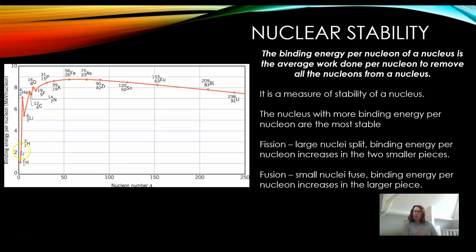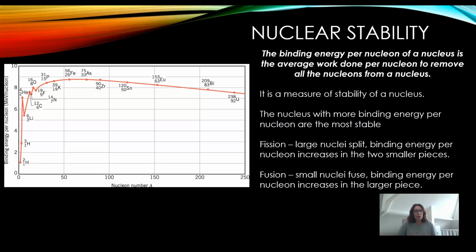But in general, for the graph, you don't have to include these bumps. If it asks you to sketch it, you would just sketch around like this. And these are increasing their mass by fusion until they get to iron. So the binding energy per nucleon of a nucleus is the average work done per nucleon to remove all the nucleons from the nucleus. And it's a measure of stability of the nucleus. The nuclei with more binding energy per nucleon are the most stable.